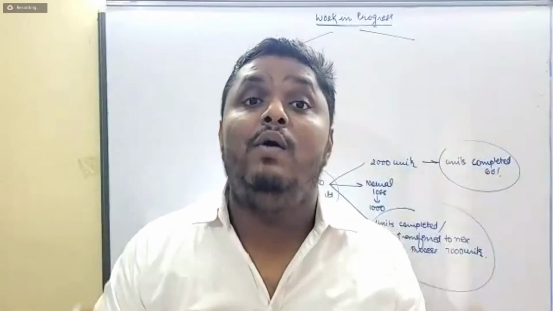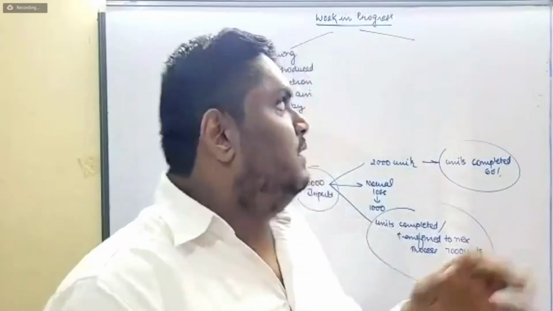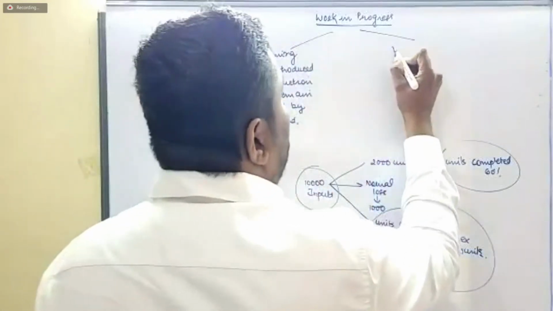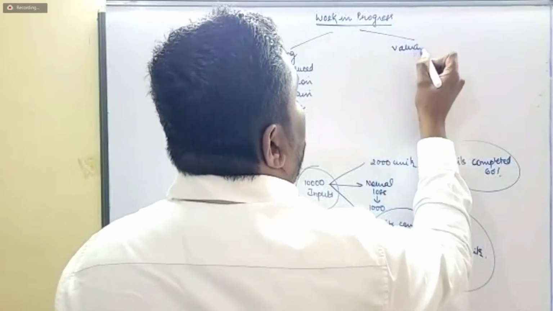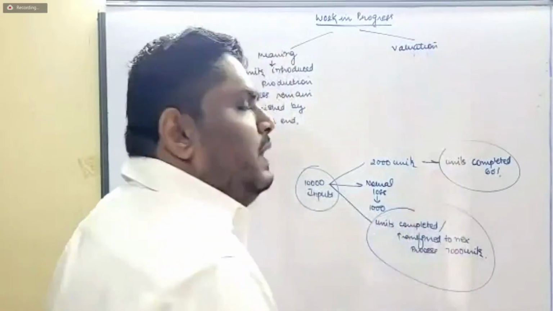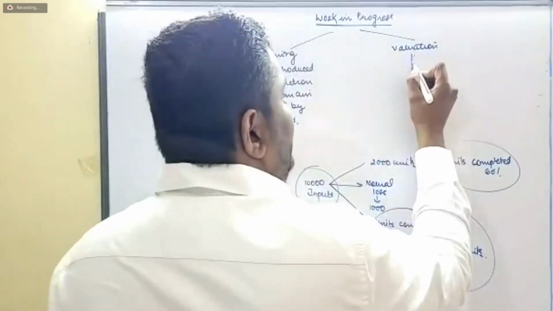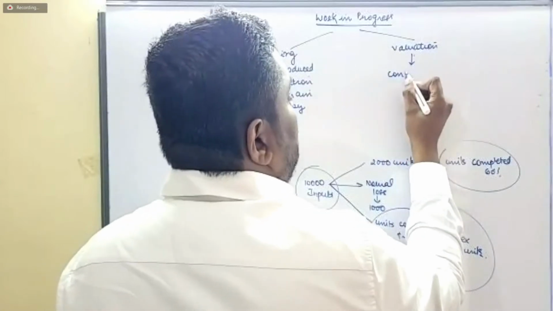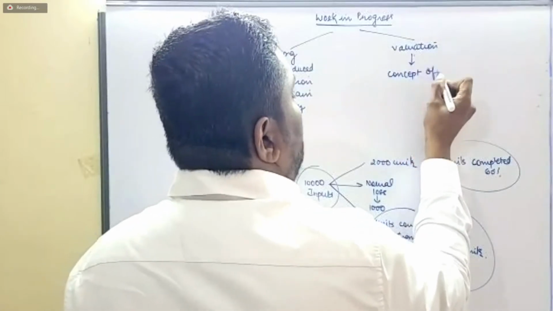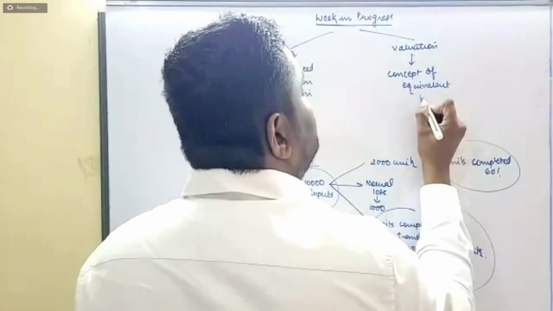But the point is how to value these units in process. It's a bit tricky part. So when talking about the valuation of work in progress, the concept of equivalent production comes into picture.